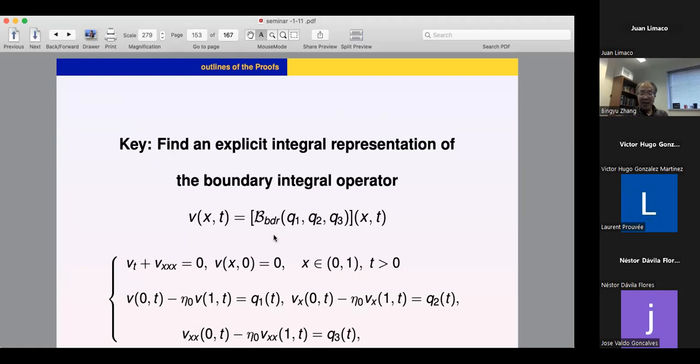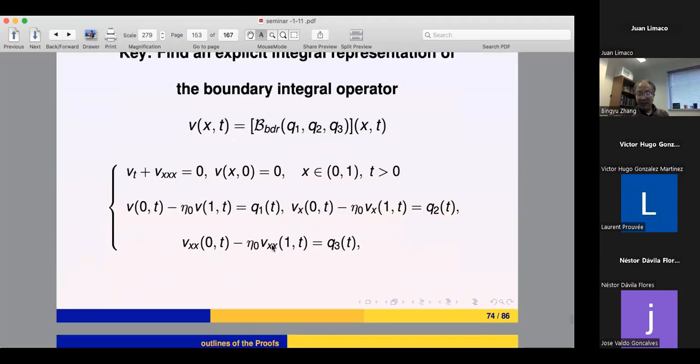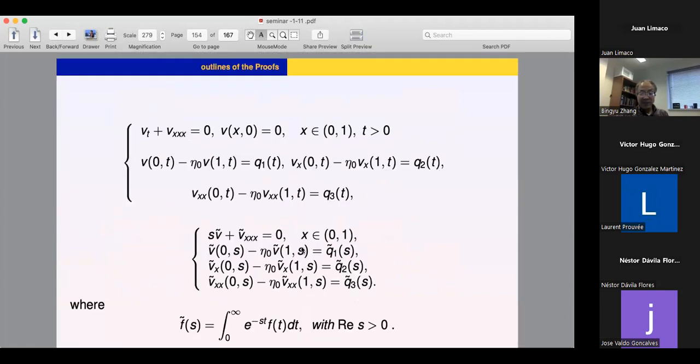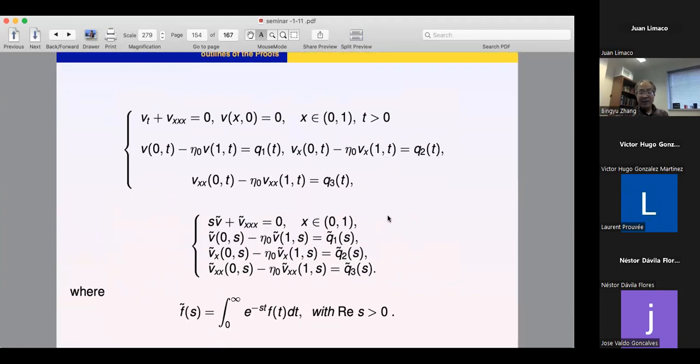We must find another way to do that. And with explicit integral representation, then probably we have chance to use Planck theorem. Remember here, we cannot get away with Planck theorem if you want to get sharp K smoothing property. Okay. So how do we do that? That's the key.